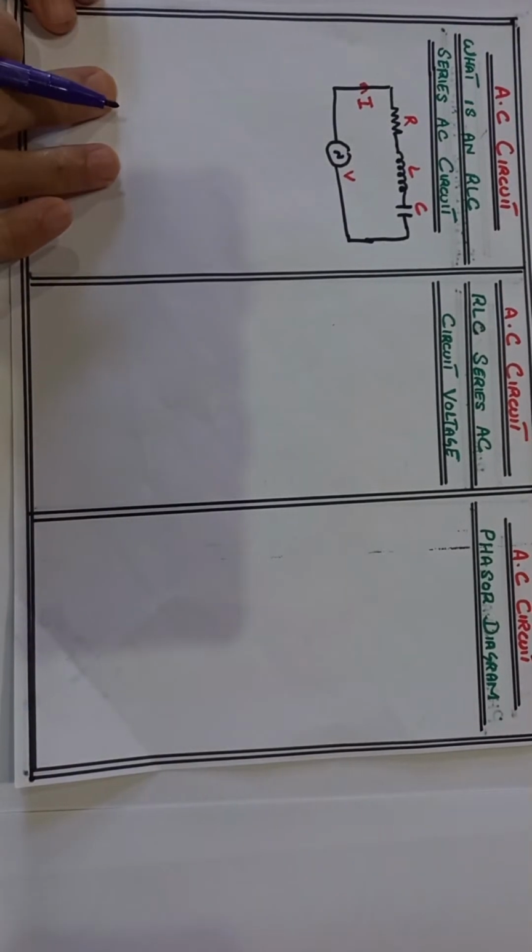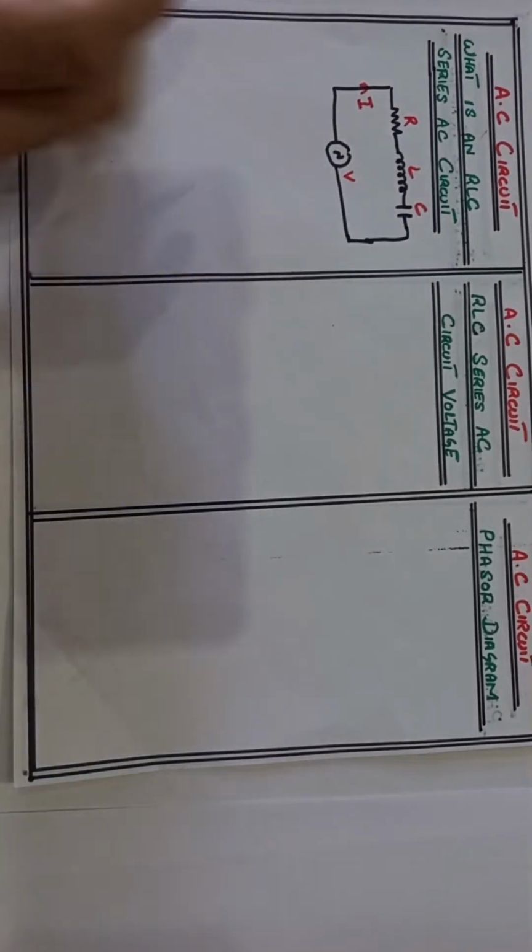So here we write: an RL series AC circuit consists of a resistor R, inductor L, and a capacitor C. Current flows through each component.